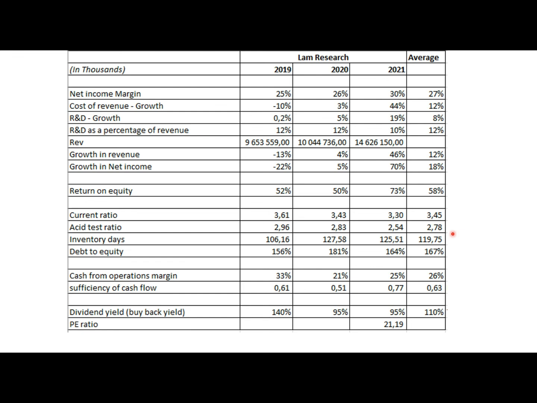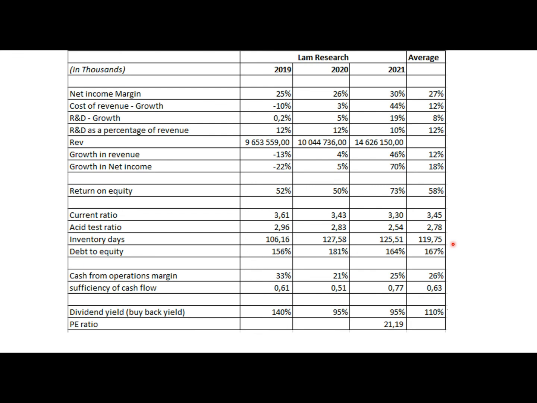Inventory days are below the industry average. Industry average is just over 160 days. Highlights that Lam does not keep inventory for longer than needed. Low inventory risk in the form of inventory obsolescence and high holding costs eating into margins, and a very low liquidity risk. So that is what this low inventory level suggests.